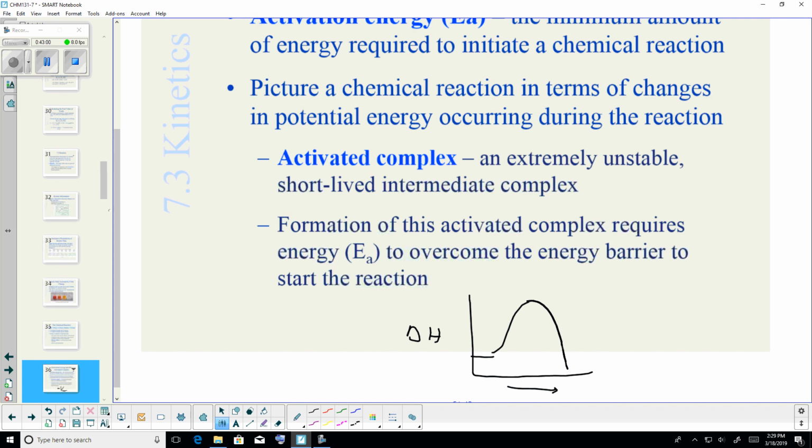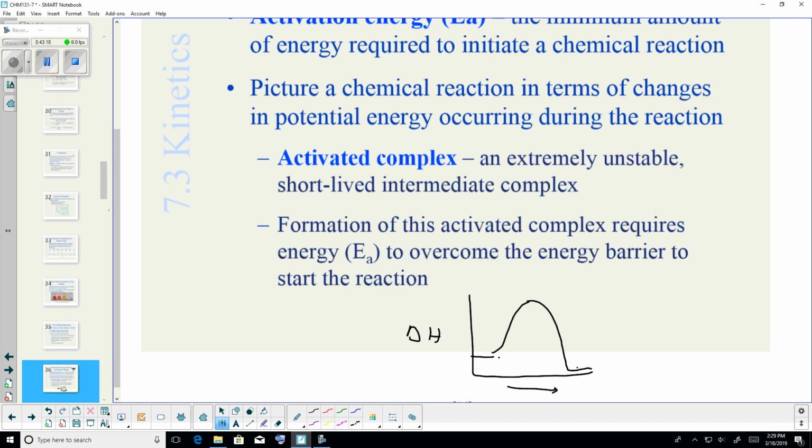And since it releases more energy than it took in, our product is going to be lower energy because for an exothermic reaction, delta H is what sign? Negative.